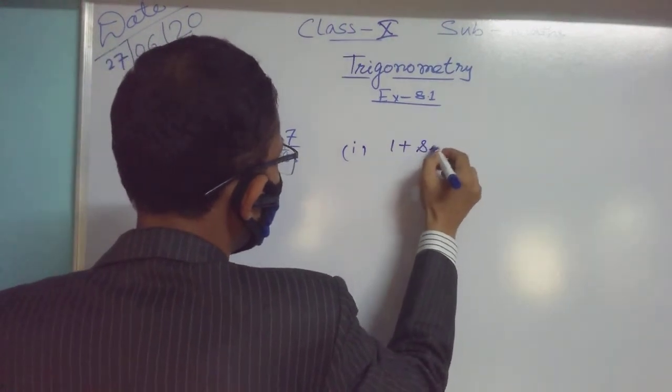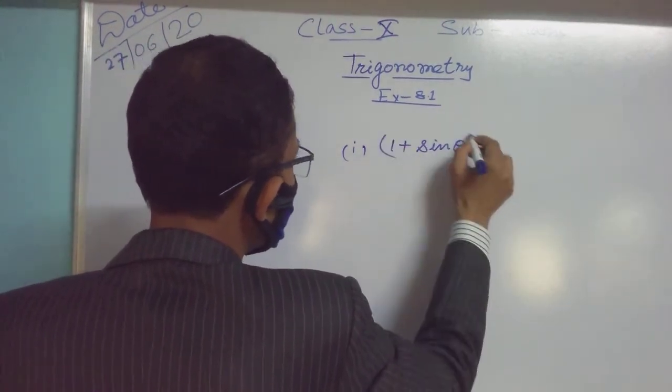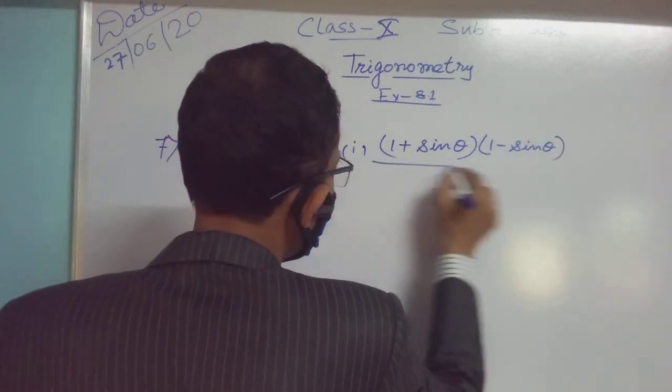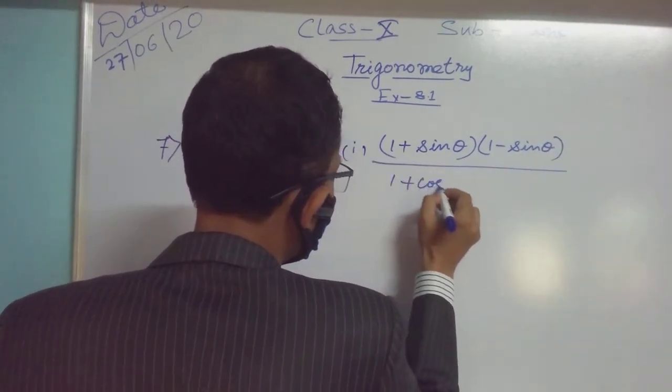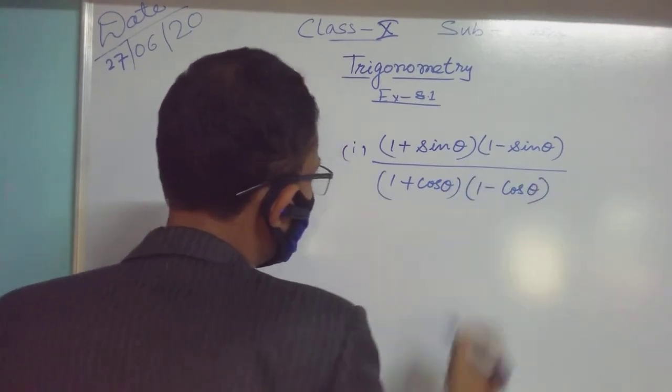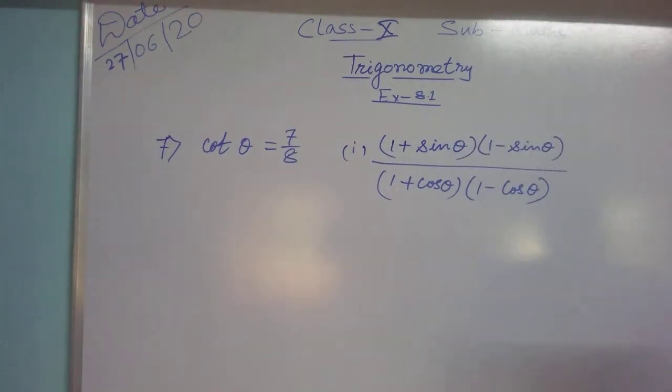1 plus sin theta into 1 minus sin theta, by 1 plus cos theta into 1 minus cos theta. Now tell me how to solve this problem.